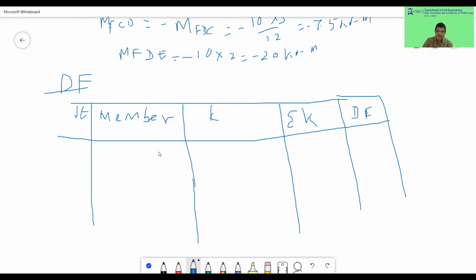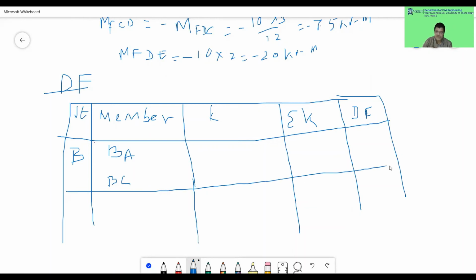Let us discuss one by one. So you will come to the joints. There are three joints. Joint B, members are BA and BC. Then we have joint C, that is CB and CD.